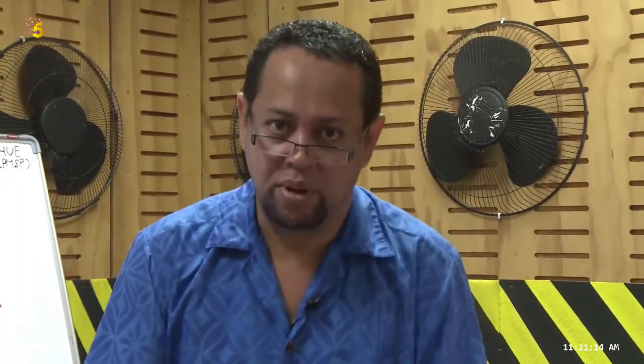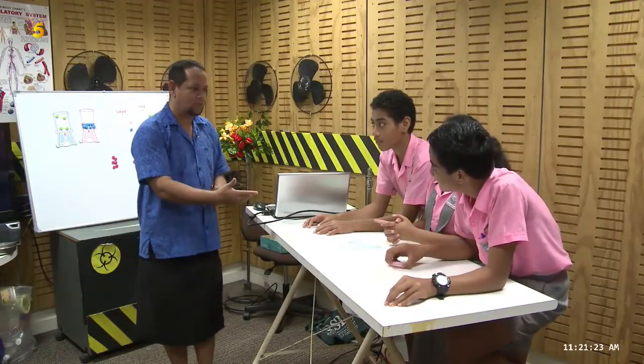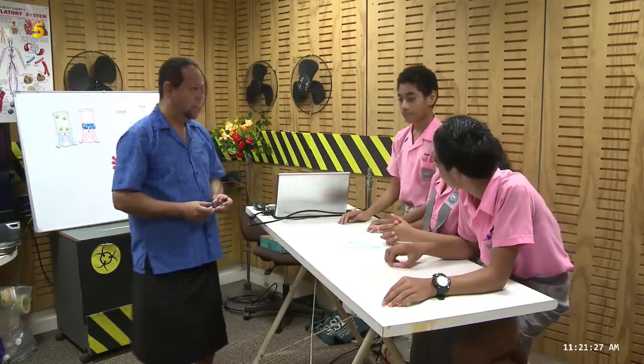So, what is an element? What is a compound? What's the difference between elements and compounds? A compound is made out of elements.